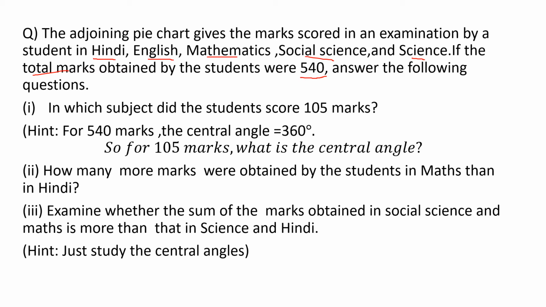So what is the first question? In which subject did the student score 105 marks? So we want to find out in which subject a particular student got 105 marks. What is the hint given? 540 is the total marks.